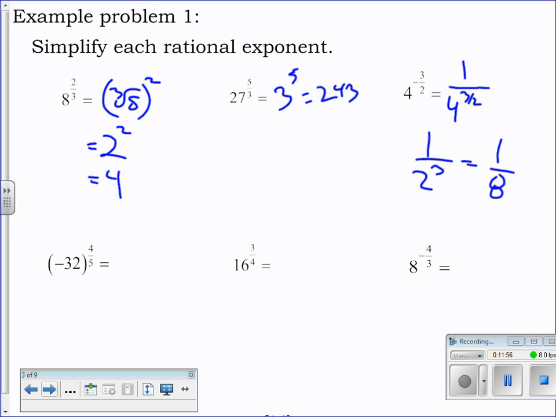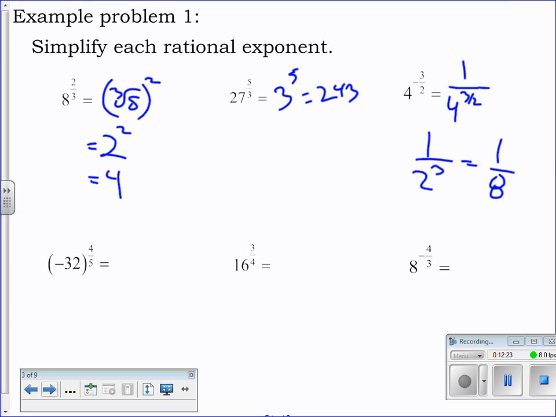Okay, so 4 means I raise it to the 4th power. 5 in the denominator means I take the 5th root. Now, I could take negative 32 to the 4th power and then take the 5th root of that. But if I take negative 32 times negative 32 times negative 32 times negative 32, I'm going to get something really, really big. And then I've got to figure out what the 5th root of that is, and that's a pain in the butt.